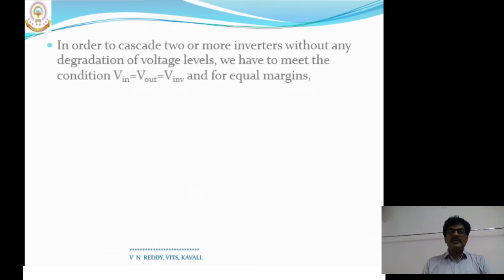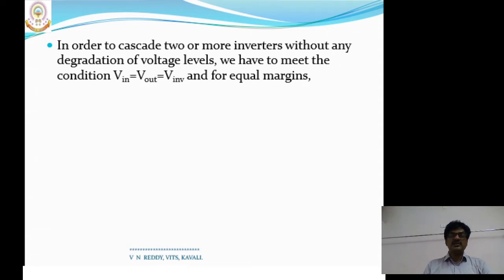To get the symmetry, the inverter voltage means the voltage at which output voltage is equal to input voltage. In the characteristic curve, you can observe that. The input voltage at which both input and output values are equal, that is the inverter voltage, the inverter threshold voltage.